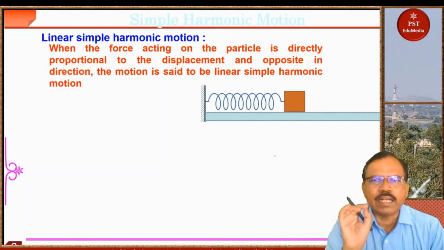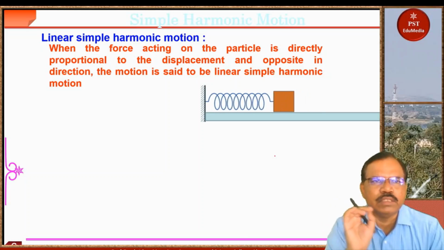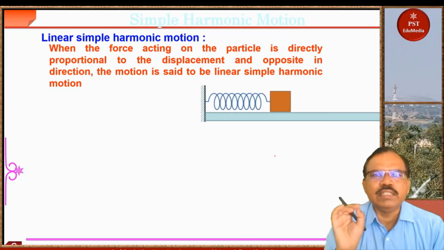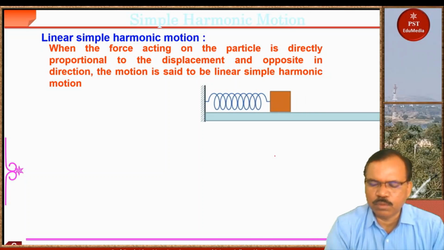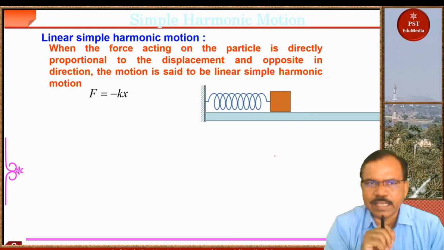So when the force acting on the particle is directly proportional to the displacement and opposite in direction, the motion is said to be linear simple harmonic motion. So we write here F is equal to minus kx.